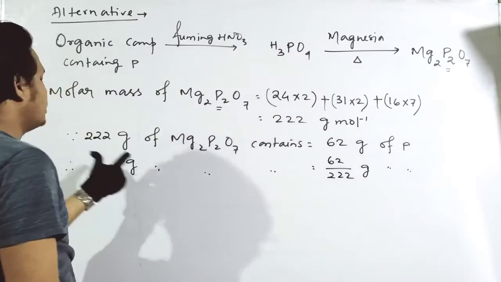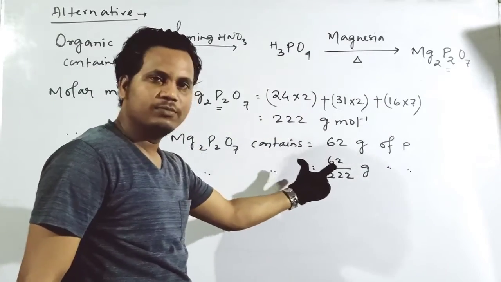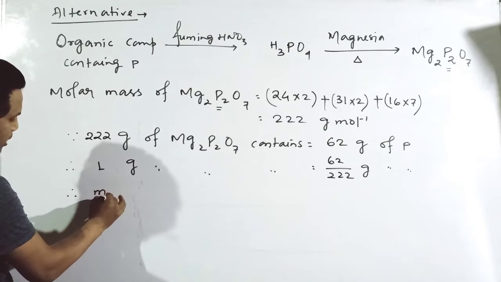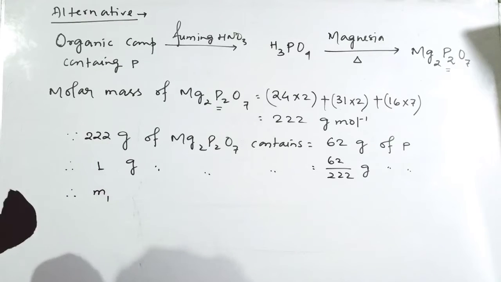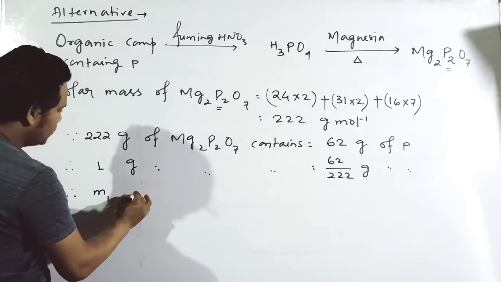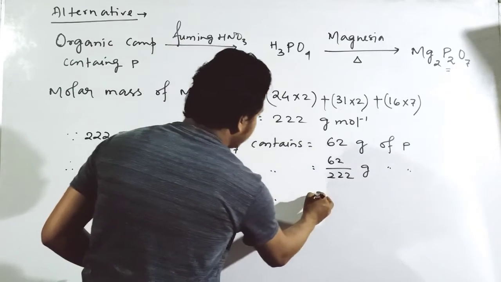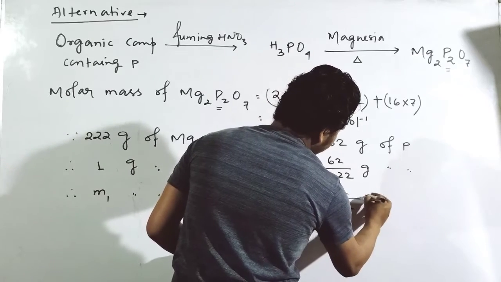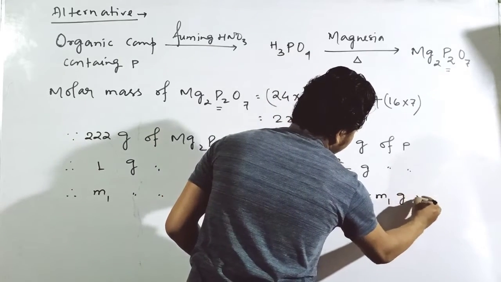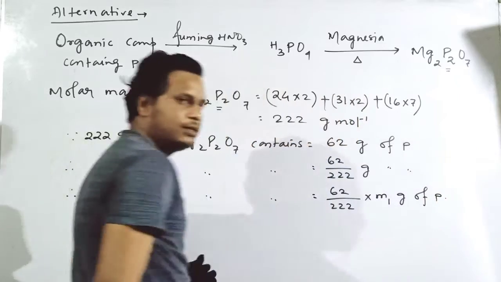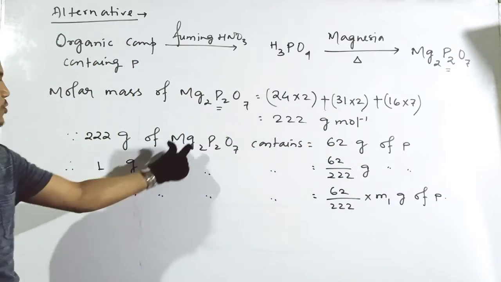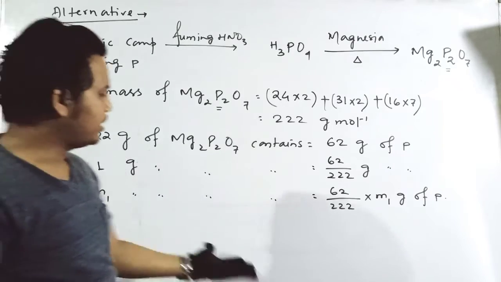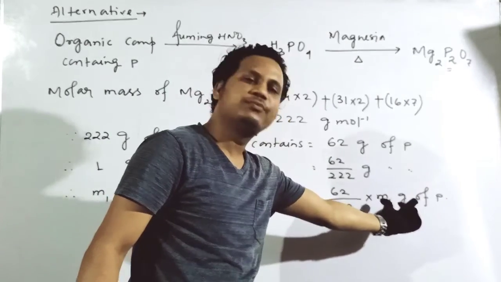What is the mass of this produced? We don't know. Let the mass of this be M1, or M2, anything you wish. So M1 gram of this contains 62 by 222 into M1 gram of P, where M1 is the mass of Mg2P2O7 produced. So finally we got the mass of phosphorus.